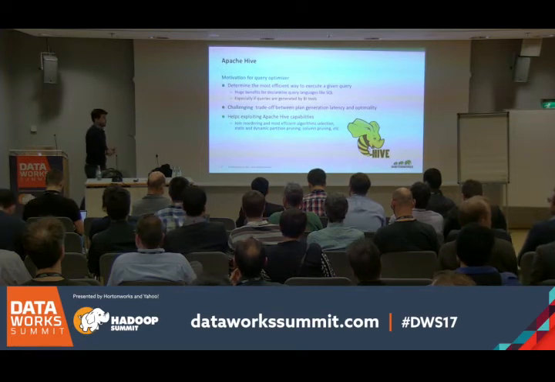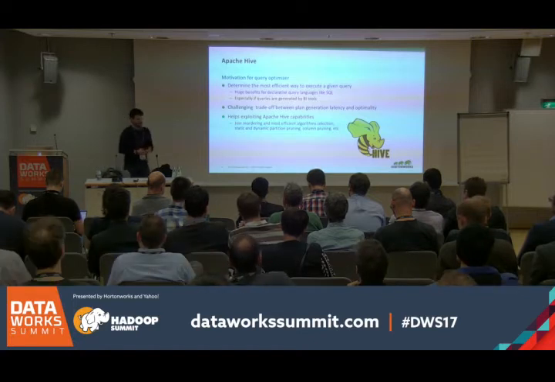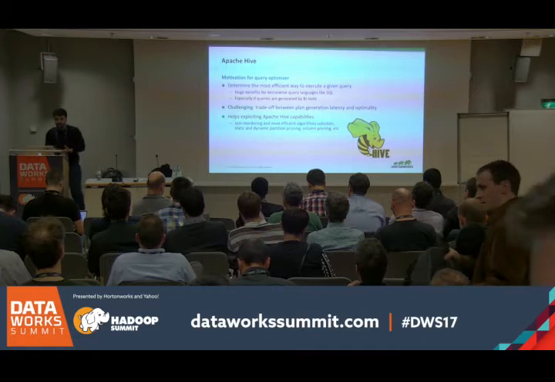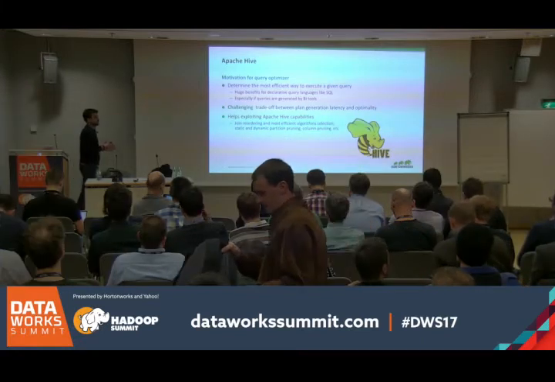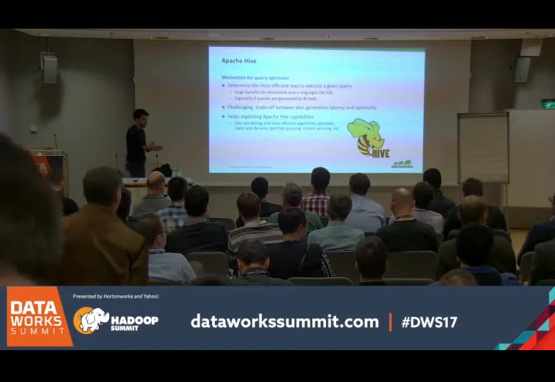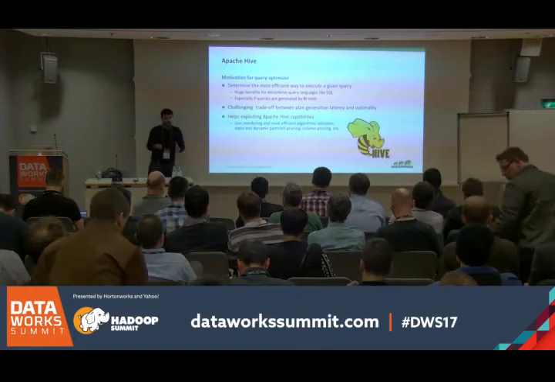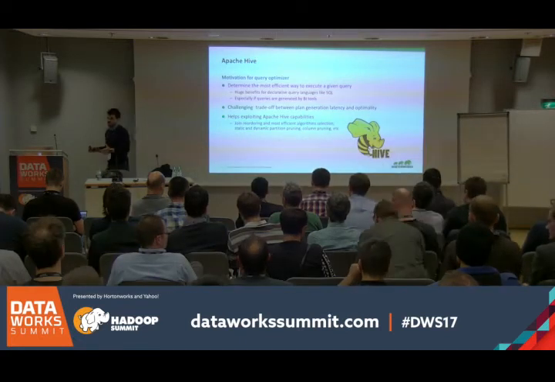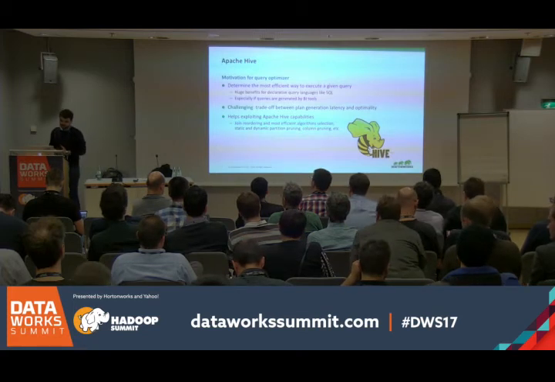But the challenge with query optimization is that there is a trade-off between plan generation latency, so how long it will take for you to generate the execution plan, and optimality, so how optimal your execution plan will be.